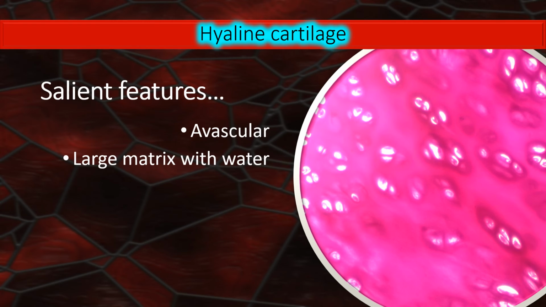Next, basically the following are the very typical features of the hyaline cartilage. It's totally avascular, so whatever nutrients have to reach the cell have to come only through diffusion through the extracellular matrix, whatever is possible.